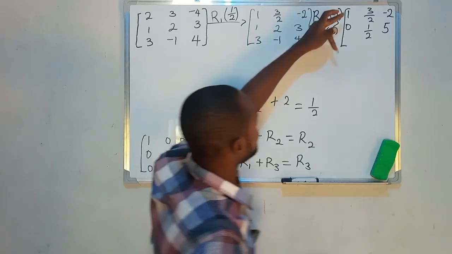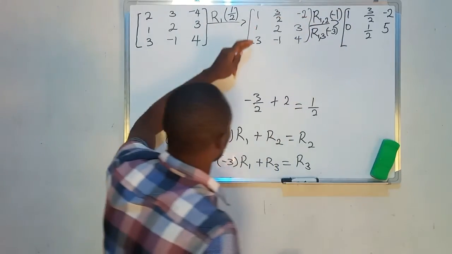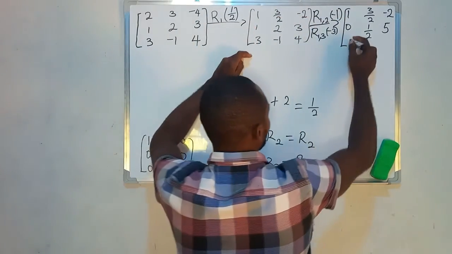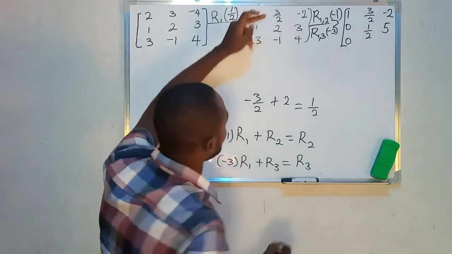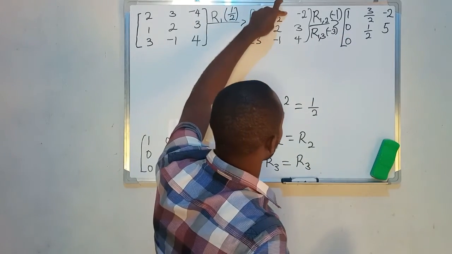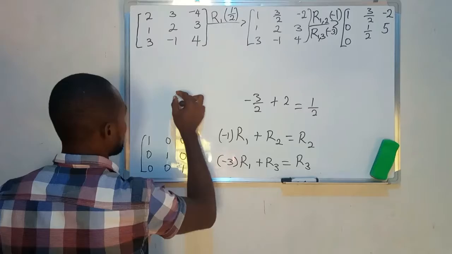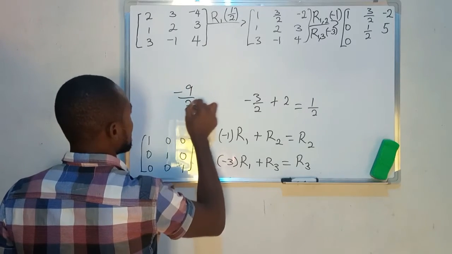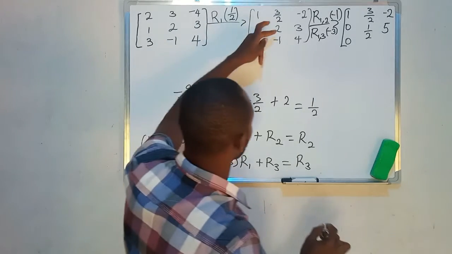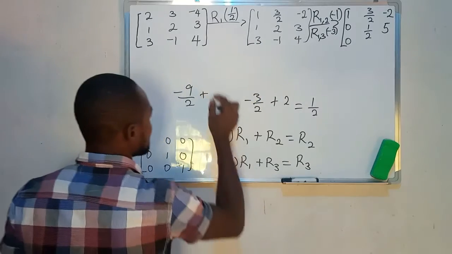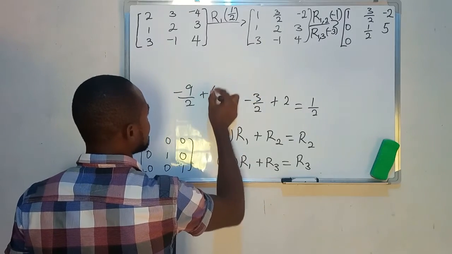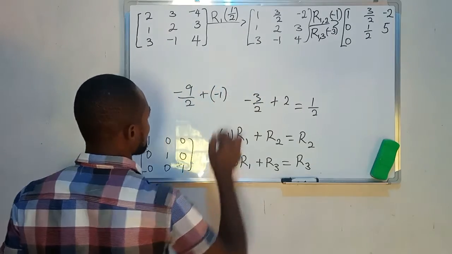So multiplying this with minus 3 will give us minus 3, and adding it to this will give us 0. So we'll have 0 here. Then minus 3 times this will give us minus 9 over 2. And then we add it to minus 1 here. And so we'll have minus 9 over 2 minus 1.